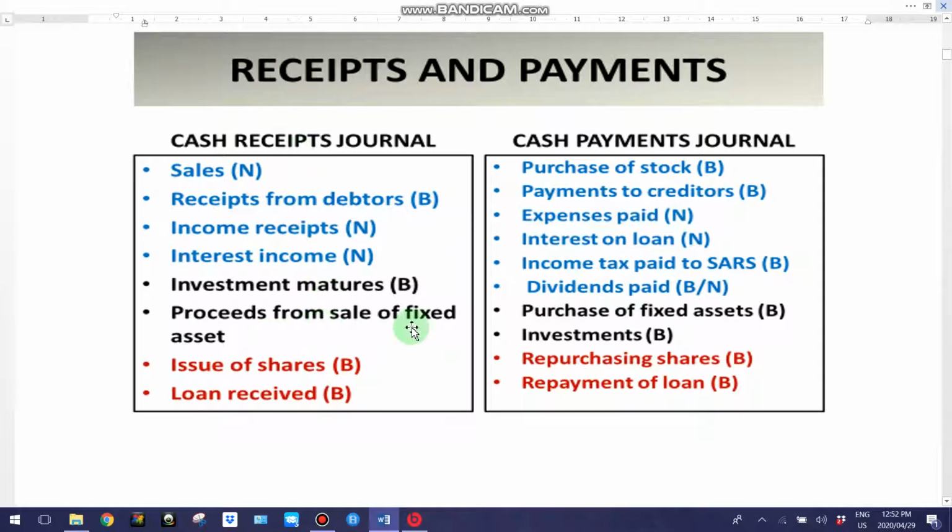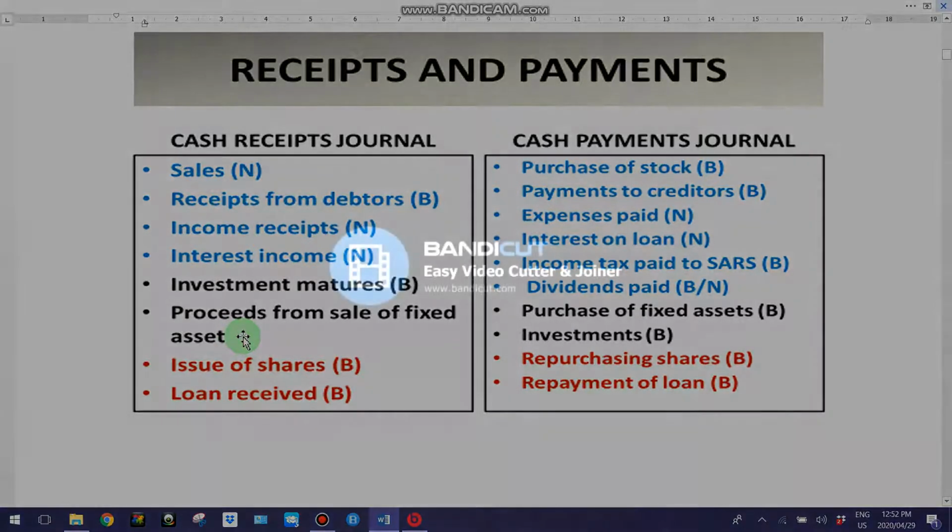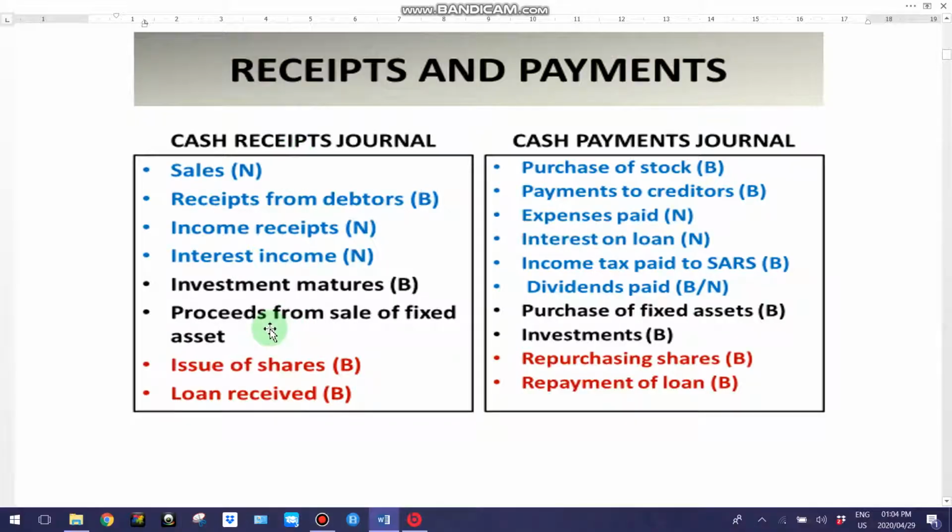And proceeds from the sale of a fixed asset. Remember, when you sell a fixed asset, in the CRJ, you will not focus on the profit that you received on the sale of that asset, because you know the big calculations that you have been doing from grade 11, the grade 11 fixed assets section. Here, the key word here is proceeds.